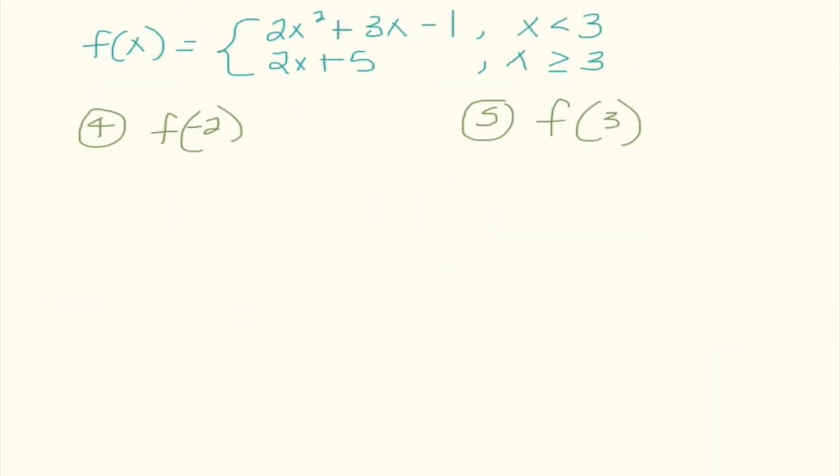Next thing I want to talk about is evaluating functions, and I chose the hardest example that we will see, and that is our wonderful, exciting piecewise function. So, if we look at number 4, it says f of -2. I know that this -2 is our input, and that represents our x value.